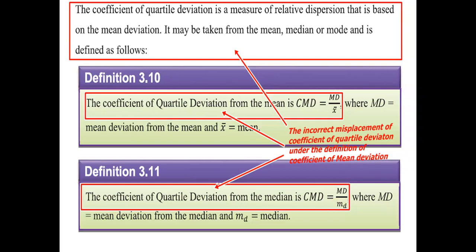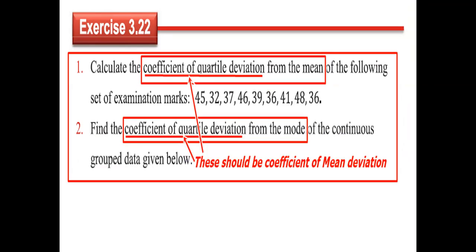Another error again in the same chapter, page 202. Here is exercise 3.22. In the definition there is no coefficient of quartile deviation from the mean, and no coefficient of quartile deviation from the mode, and so on.